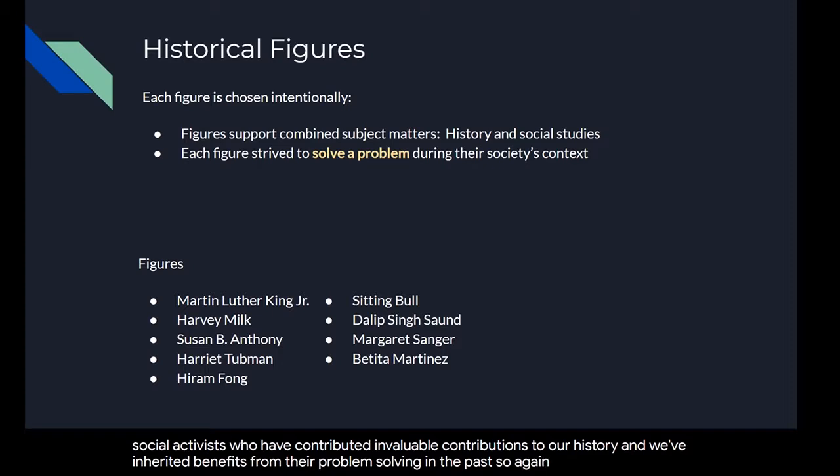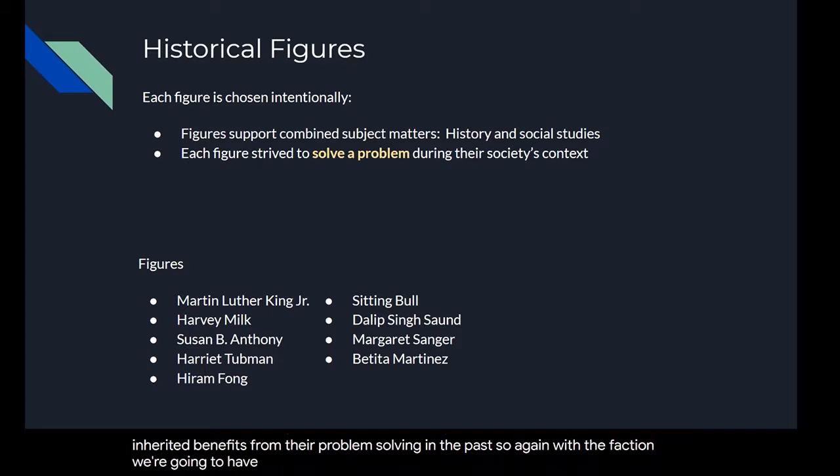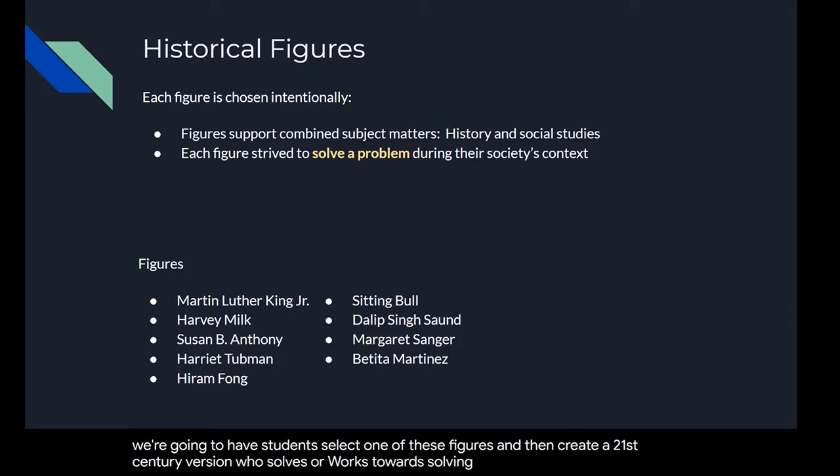So again, with the faction, we're going to have students select one of these figures and then create a 21st century version who solves or works towards solving a social problem that's inspired by this figure.